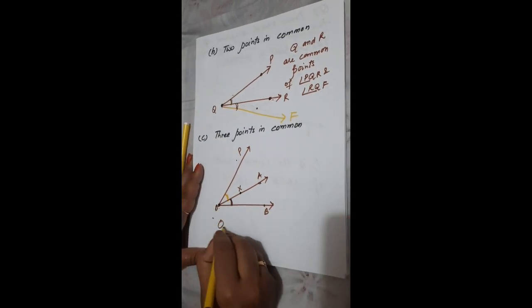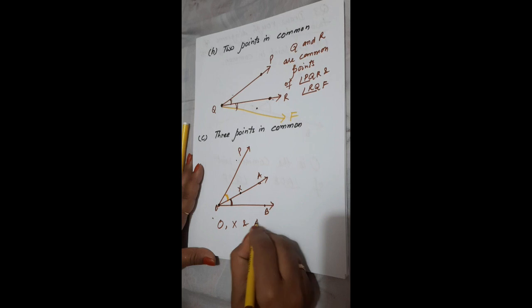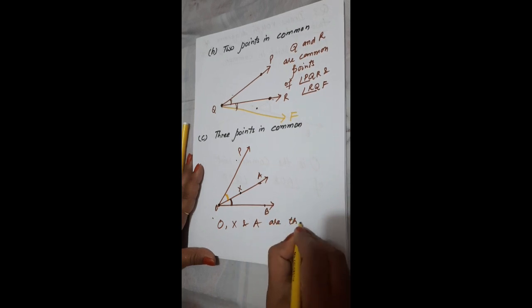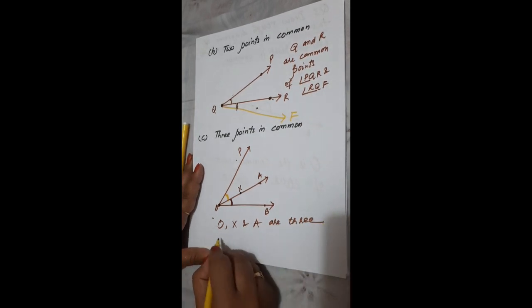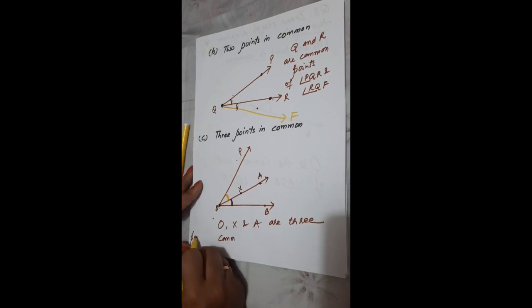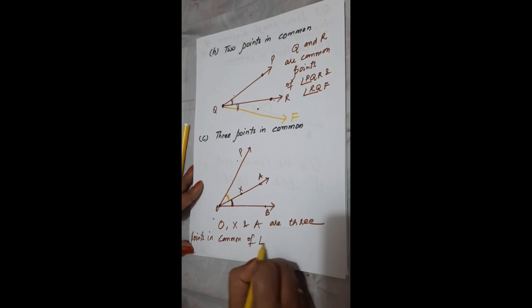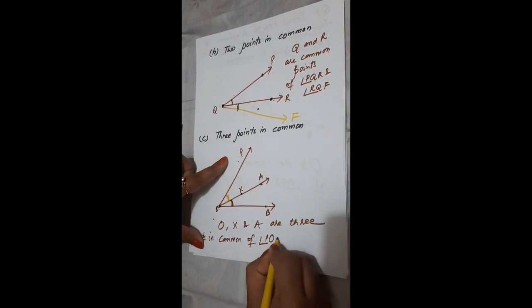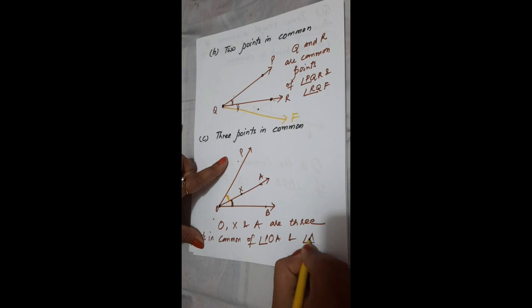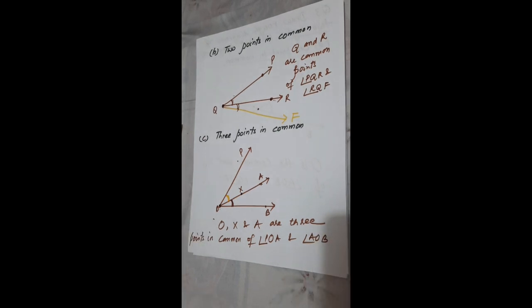So I will write O, X and A are 3 points in common of angle POA and AOB.